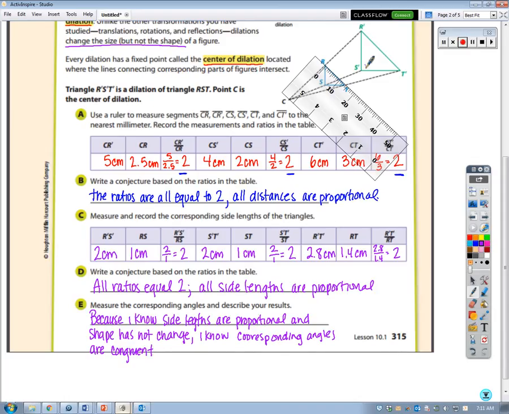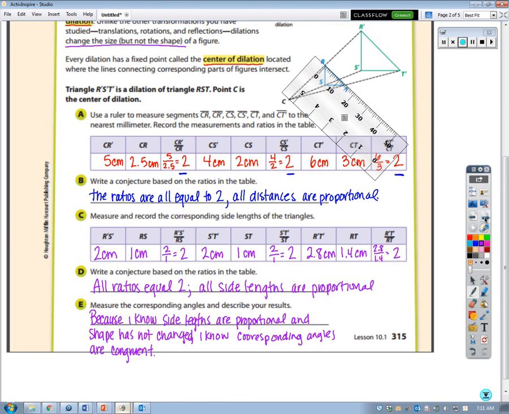Okay. So because the side lengths are proportional and because the shape has not changed, I know that the corresponding angles are congruent. Okay. So what we saw here in dilations is that we can find proportional distances from centers of dilation and proportional measurements of side lengths.